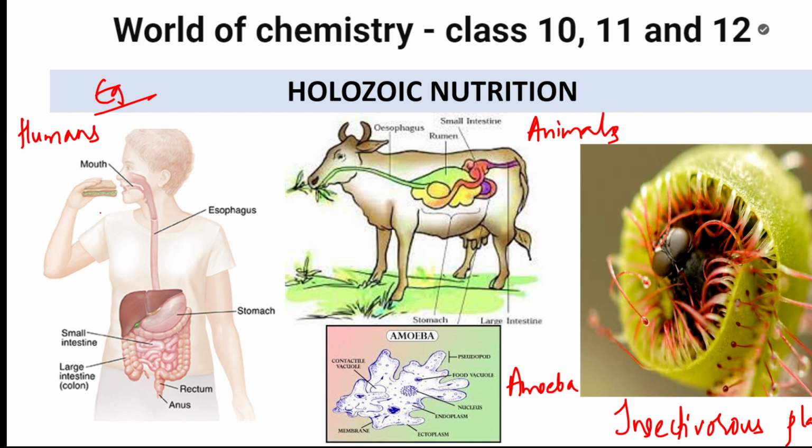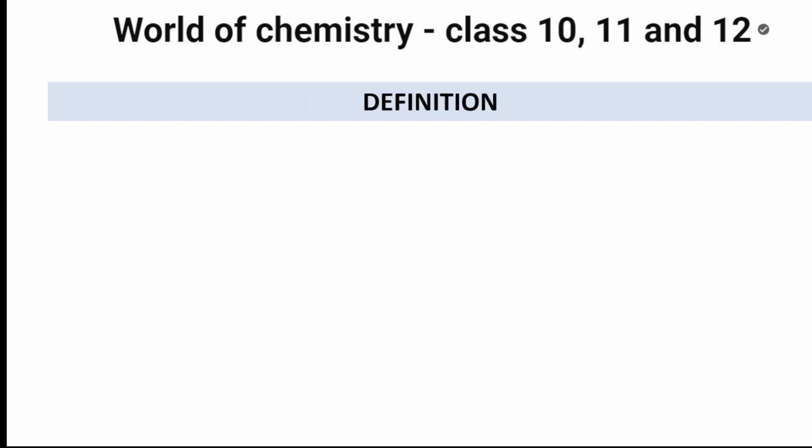Now you are able to see that they are directly eating the food. Now you tell me the definition, students. Holozoic nutrition is internal digestion, while that earlier one is external digestion. How can I write the definition?